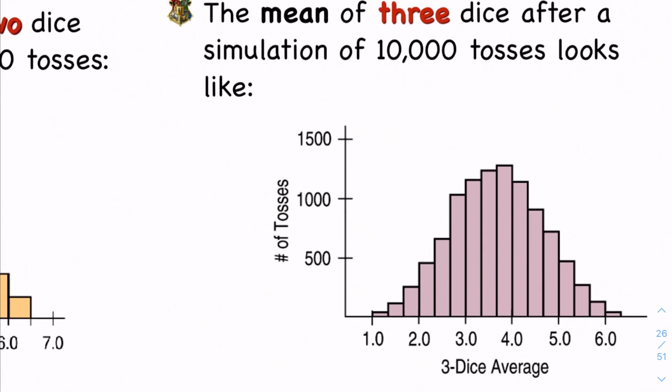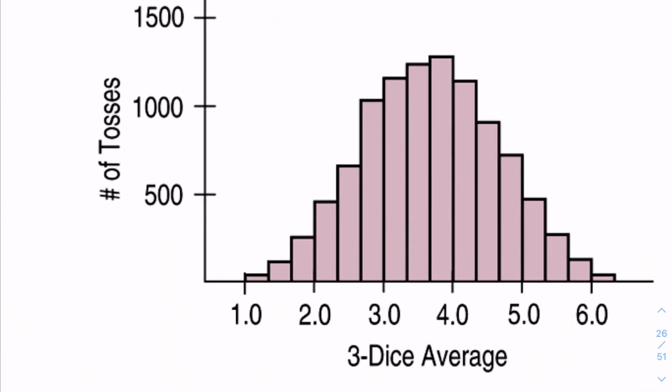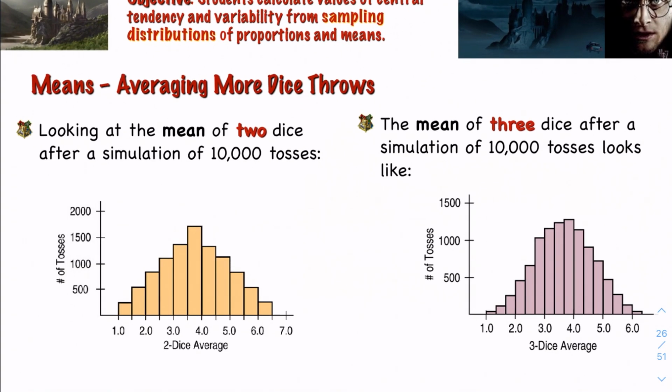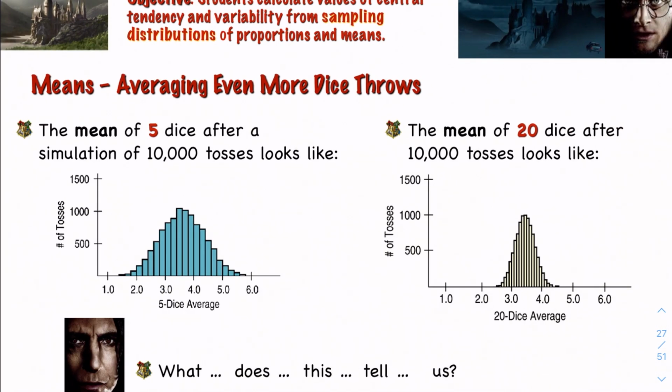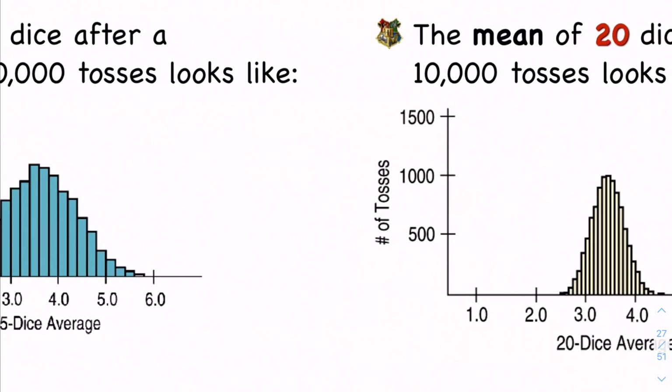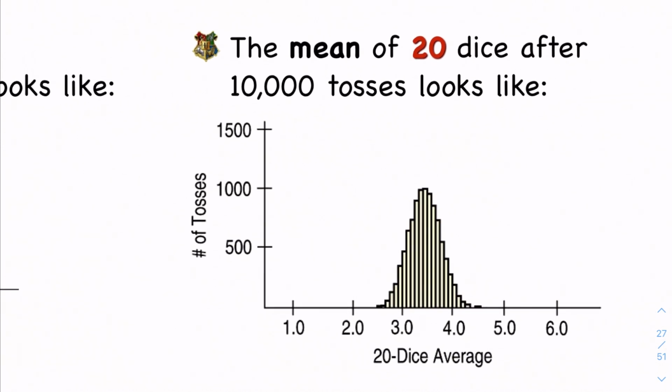If instead we looked at the 3 dice average, we see that we get even more concentration around this 3.4, and then we got some tails, which is fine. This is the mean of 3 dice after the simulation of 10,000 tosses. Well, the mean of 5 dice, you should start seeing this pattern, or the mean of 20 dice. We're getting even more concentrated around what the true average is from rolling the die.